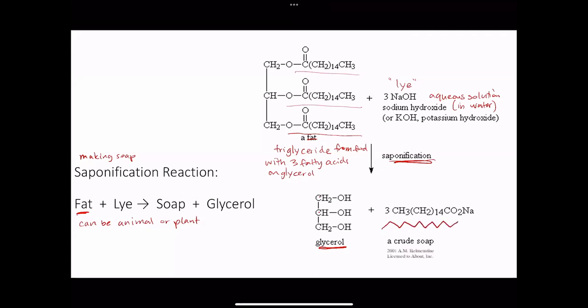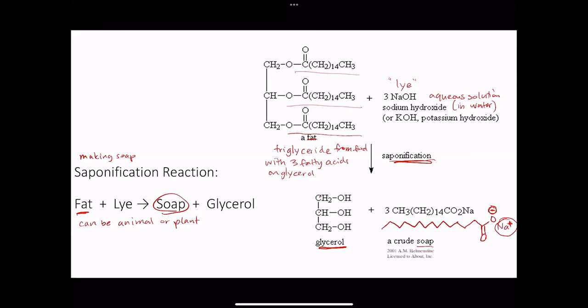So drawing the line angle drawing, and then the carbon double bond oxygen, single bond oxygen with a negative charge, and then the sodium positive charge. So that has the nonpolar end and the ionic end, okay? And so this is the soap molecule, and the glycerol is also mixed in there, okay?